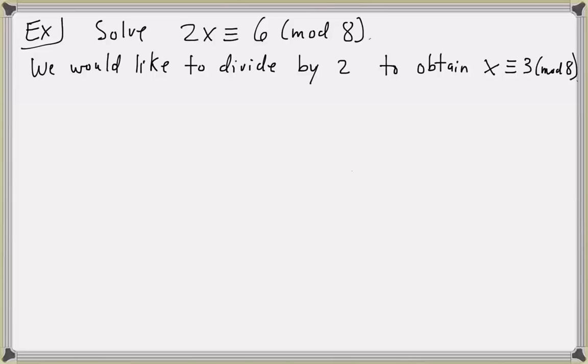And it is, but this is only part of the solution. Because consider x congruent to 7 mod 8. If x is congruent to 7 mod 8, then x is also a solution to the original congruence.